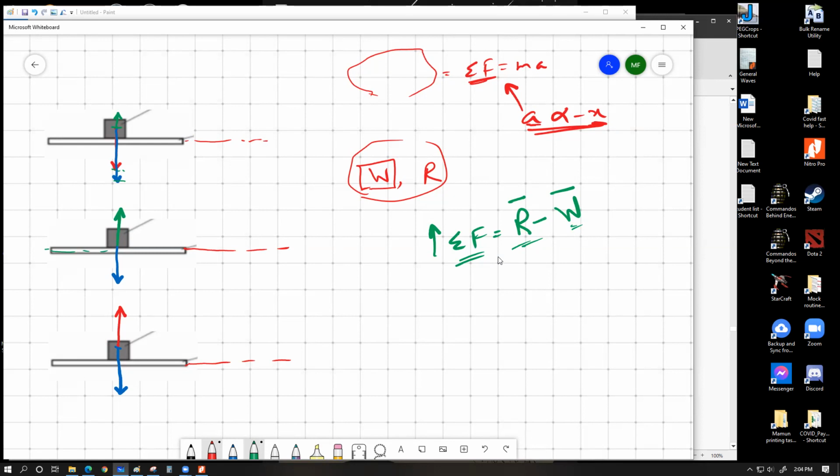When the plate is going to go beyond the equilibrium position, what's going to happen? Then the required resultant force is going to be in the upward direction, but the weight is still going to work in the downward direction. So you would require a much bigger green arrow length so that your resultant force is actually significant. All of these arrows should be in the same alignment.